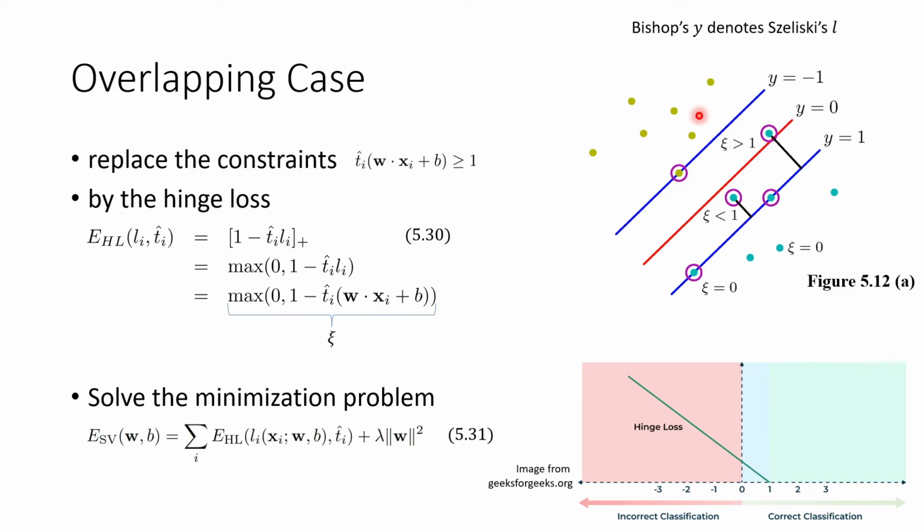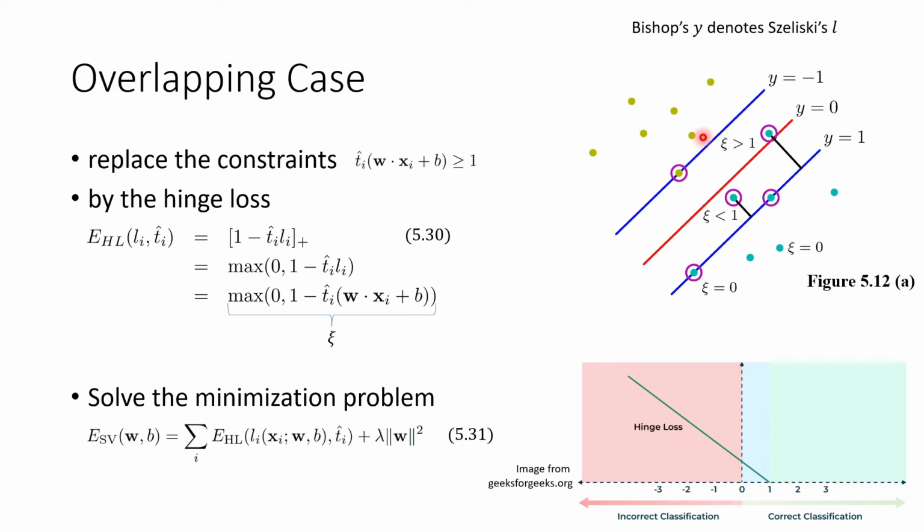So when we map the input vector by a linear projection to a line and apply the hinge loss, it will be like this. For those points, they are here.